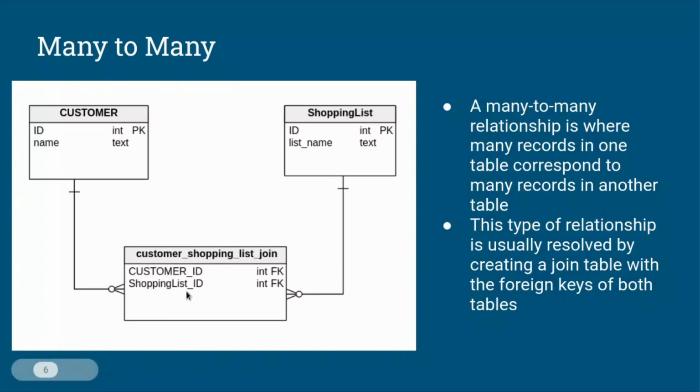Here we have the two primary keys from each table, a one-to-many here and a one-to-many here, pointing to one here and one there. So whenever we want to create a many-to-many, for example, we have a lot of customers having different shopping lists, and here we can easily join these two tables.